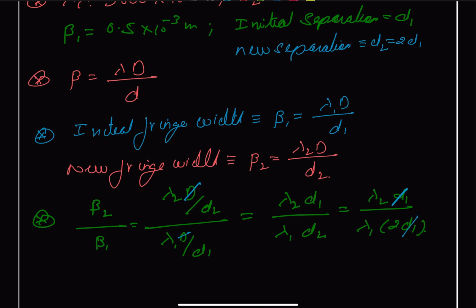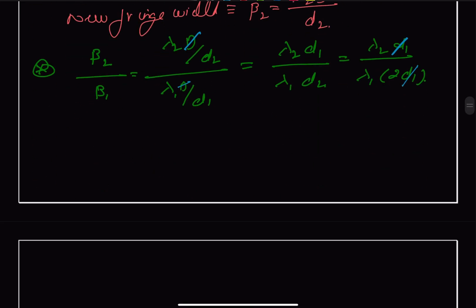So we get beta 2 will be equal to beta 1 multiplied by lambda 2 upon twice of lambda 1.